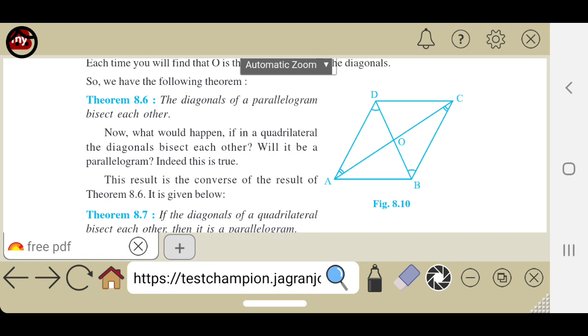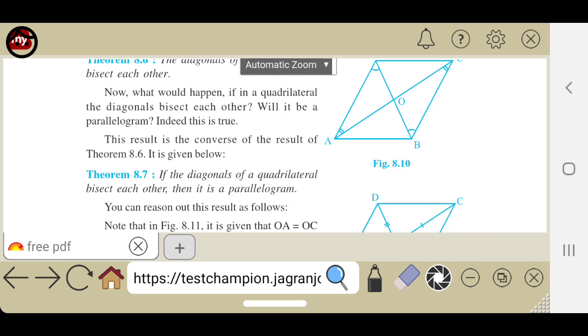Same way, the other diagonal also divides it into two congruent triangles. If it is so, we can say the diagonals bisect each other. Diagonals of a parallelogram bisect each other. Bisect means divides into two equal parts. While doing problems, we can understand that more.